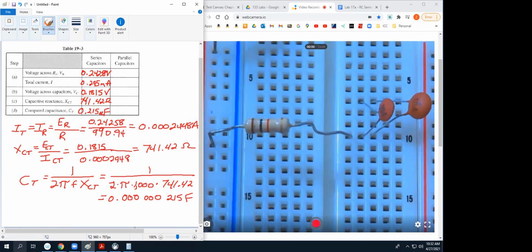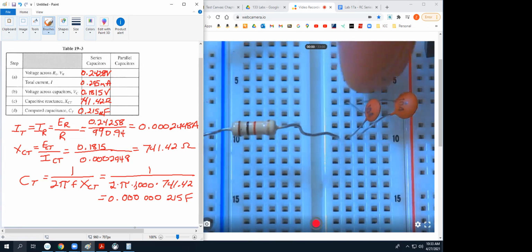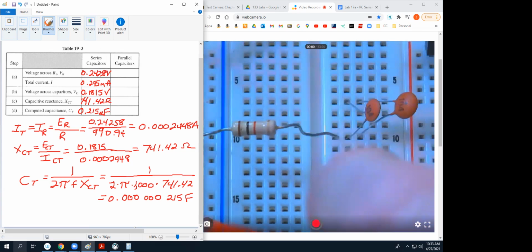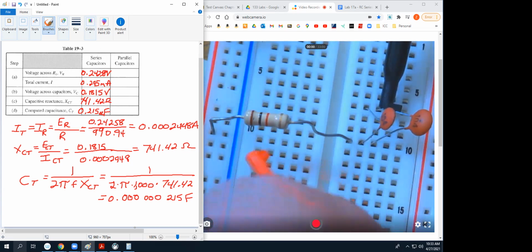Those in parallel? Yep. If I wanted to measure voltage across that equivalent capacitance of those being in parallel, all I have to do is pick any point that's in common on this side and any point that's in common on this side, right? So just as an example, if I was going to measure voltage across that, I can do it like this.